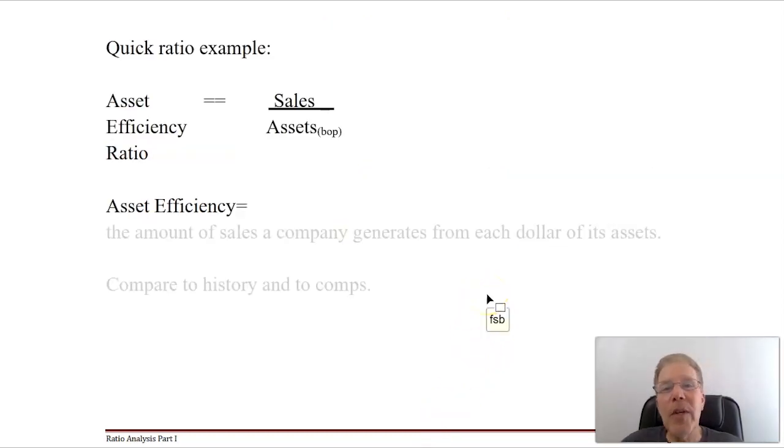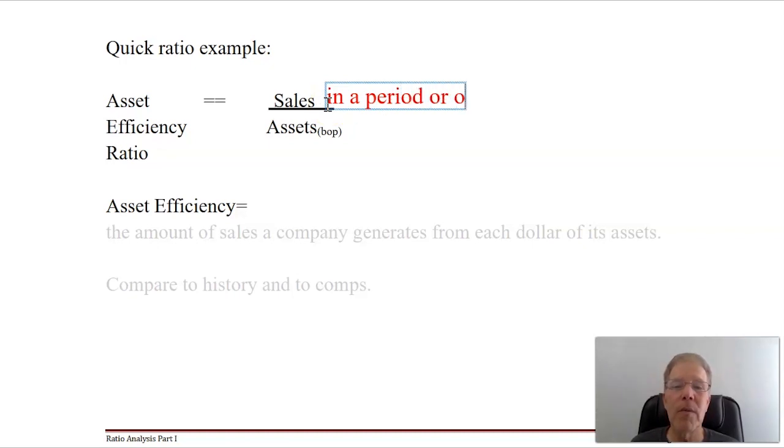Okay, so let me give you a quick example of the type of ratio we use in ratio analysis all the time and why it's so awesomely helpful. So here's an example. We've got what we call the asset efficiency ratio here, and it's defined to be sales in a period divided by assets at the beginning of the period.